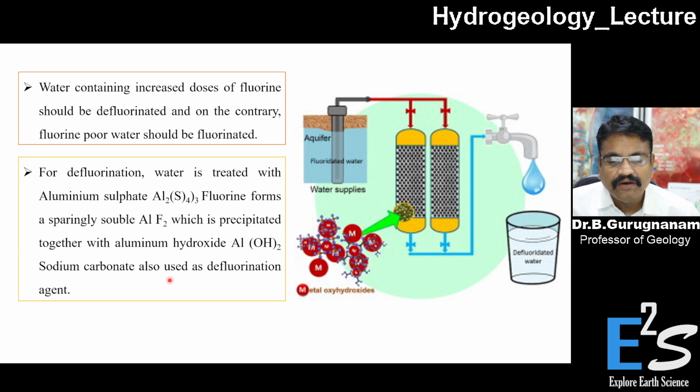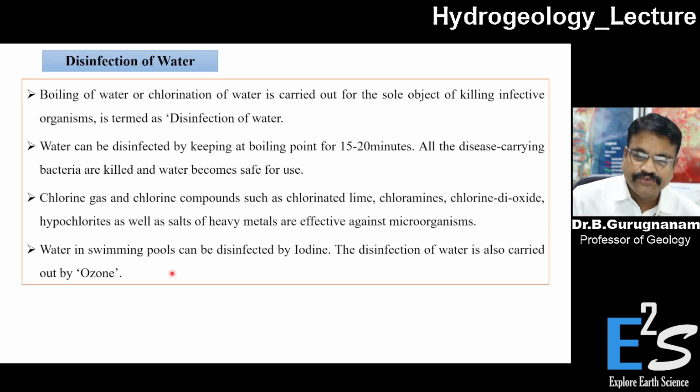Sodium carbonate is also used as a defluorination agent. Keep it in your mind that aluminum sulfate and fluorine form a strongly soluble AlF2, which is precipitated together with the aluminum hydroxide. There are two things used: aluminum sulfate and sodium carbonate.